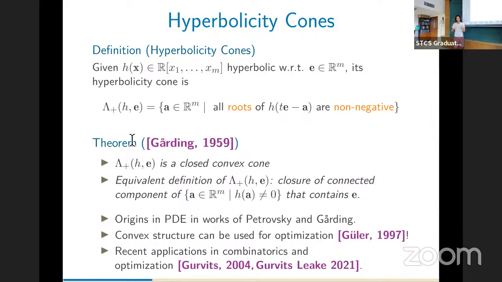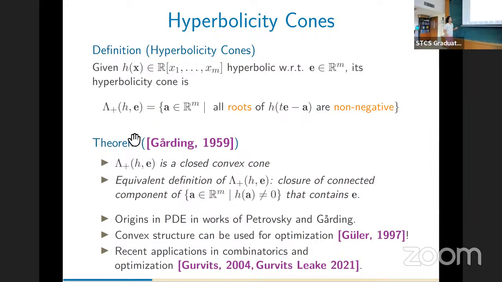And for the determinant, the hyperbolicity cone is exactly the cone of positive semidefinite matrices. So you can see that this generalizes very natural objects. So much so that the roots of this polynomial h(tE minus A) are called eigenvalues of A, because they generalize the definition of eigenvalues when I have a symmetric matrix.